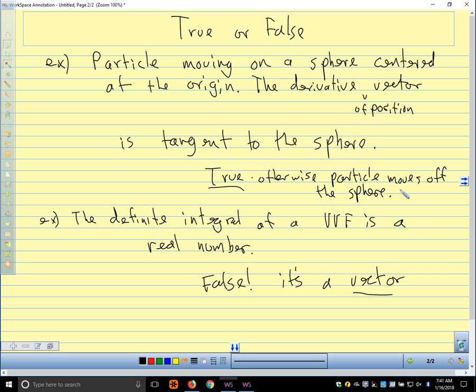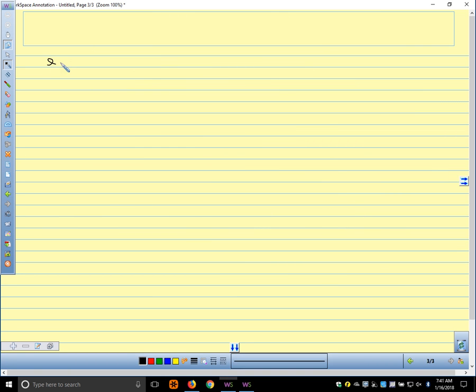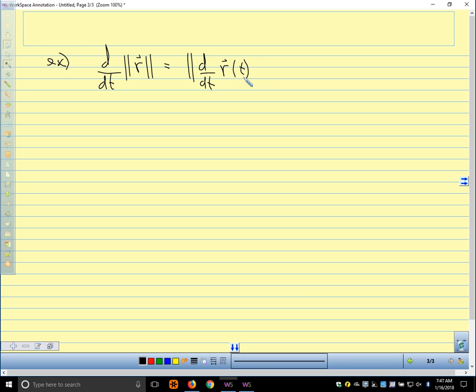All right, this next one is a little trickier. The derivative with respect to time of the magnitude of R of t is the magnitude of the derivative of R of t.